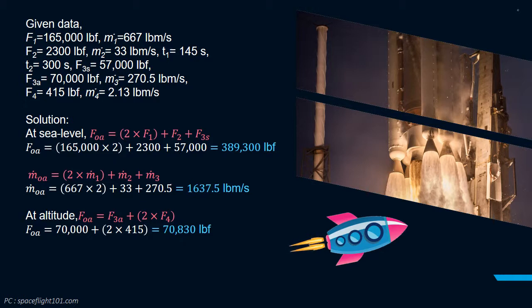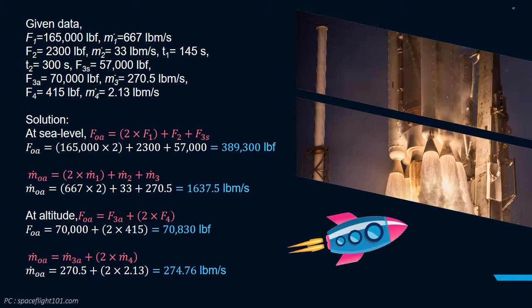Thus we can write F suffix OA is equal to F suffix 3A plus 2 into F4, which is at altitude. Solve this equation with suitable values. We get the overall thrust at altitude is 70,830 pound-force.